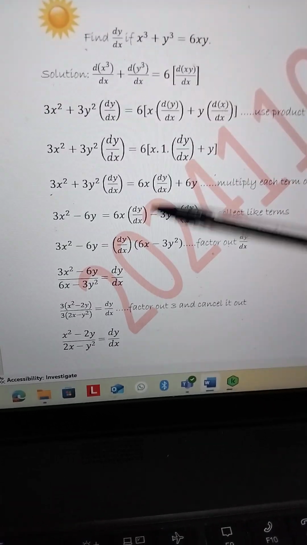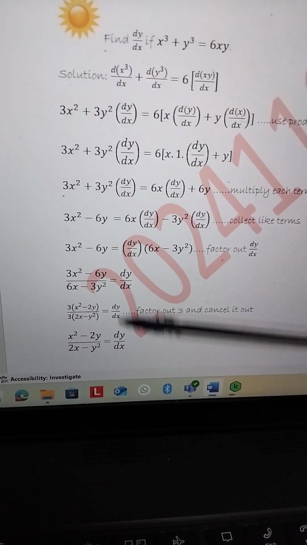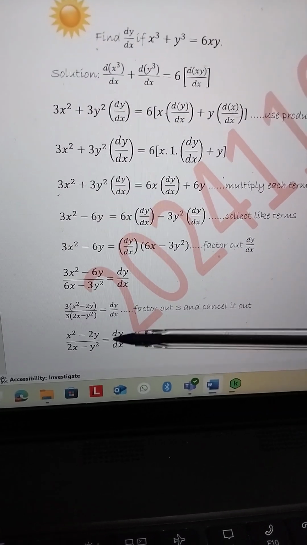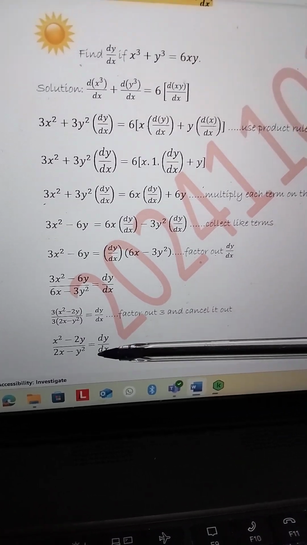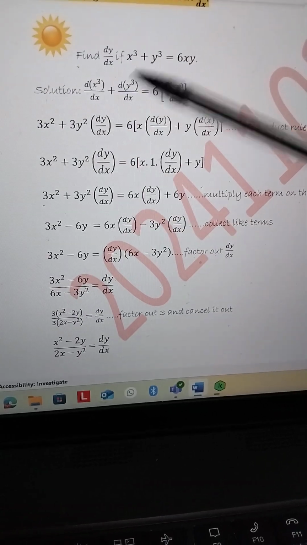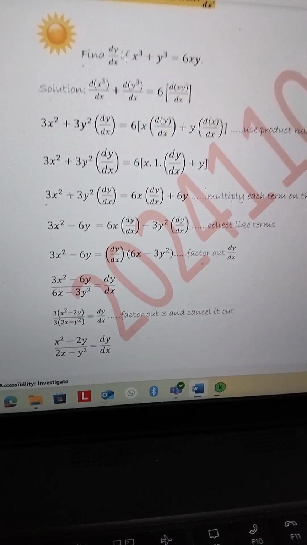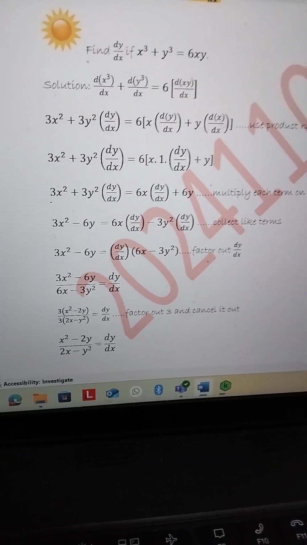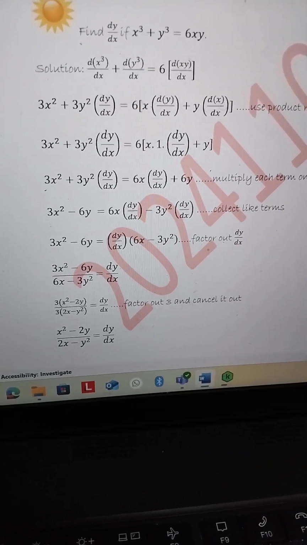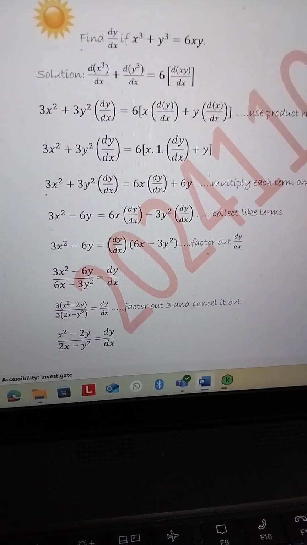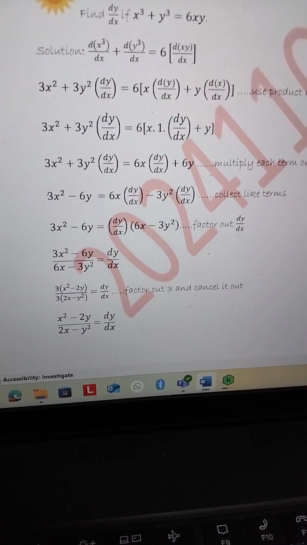So this is implicit differentiation, but there are also shortcuts where you can use other methods to differentiate implicitly, and I will give you material to refer to for that extra work.